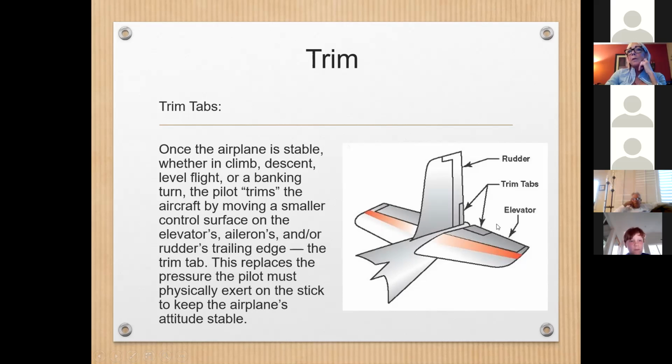Most importantly, we have elevator trim. And the elevator trim will keep the plane from climbing or descending, or if we want to just trim it up for a nice slow climb. If I'm in the clouds and I don't want to be pulling on the control yoke, or you on the transmitter, you can just have it in a nice climb by trimming out the elevator.